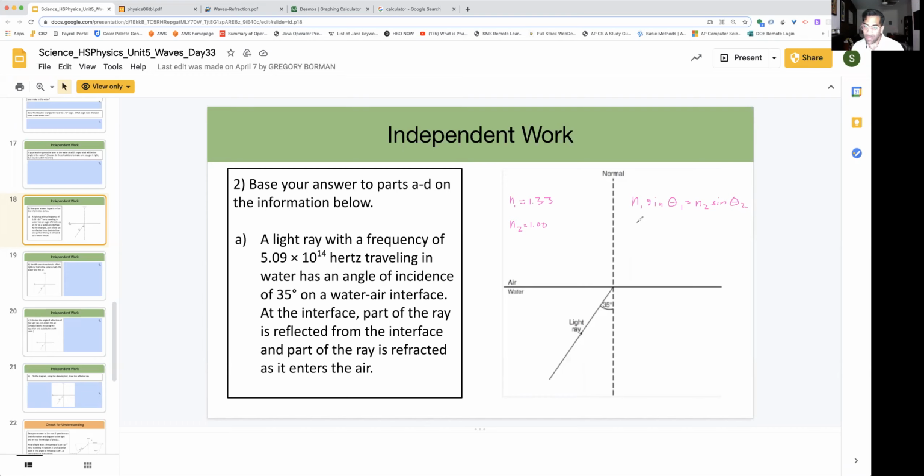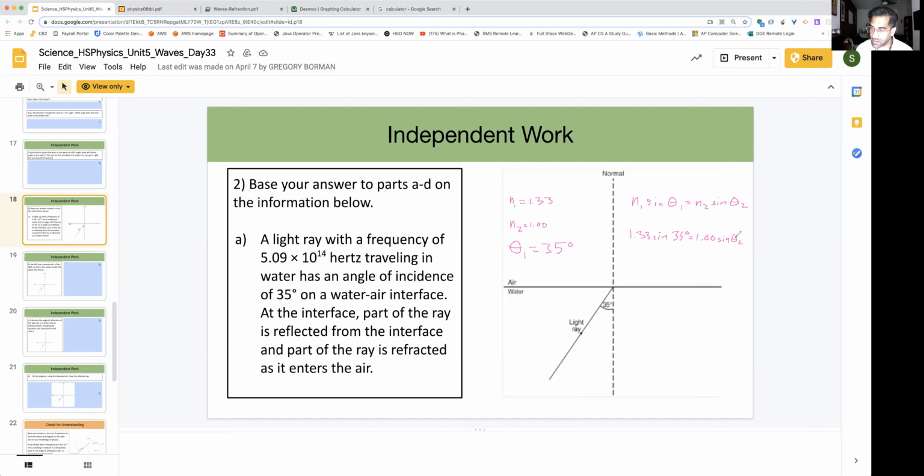Then I can plug in what I know. Final thing that I know is theta 1 equals 35 degrees. I know that I have 1.33 sine 35 degrees is equal to 1.00 sine of theta 2.